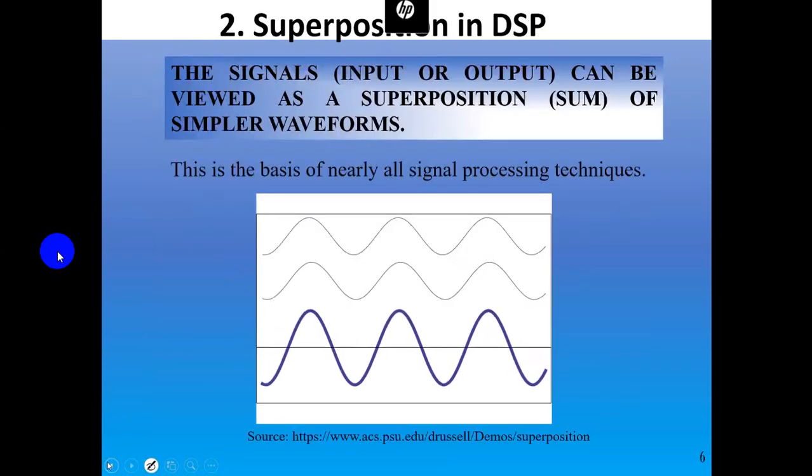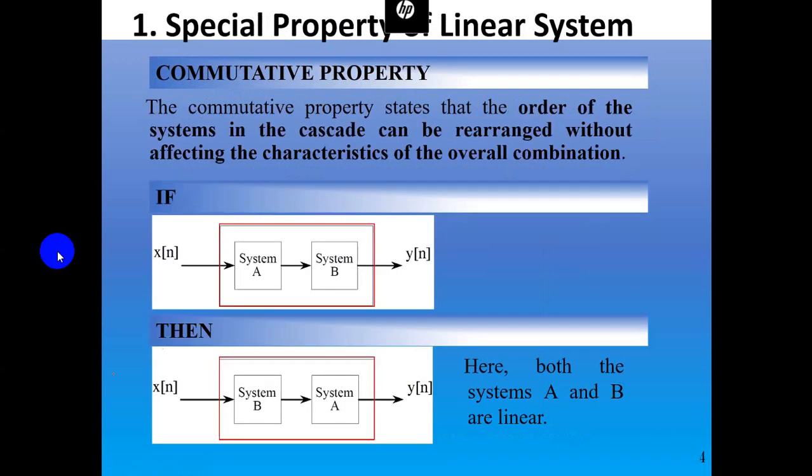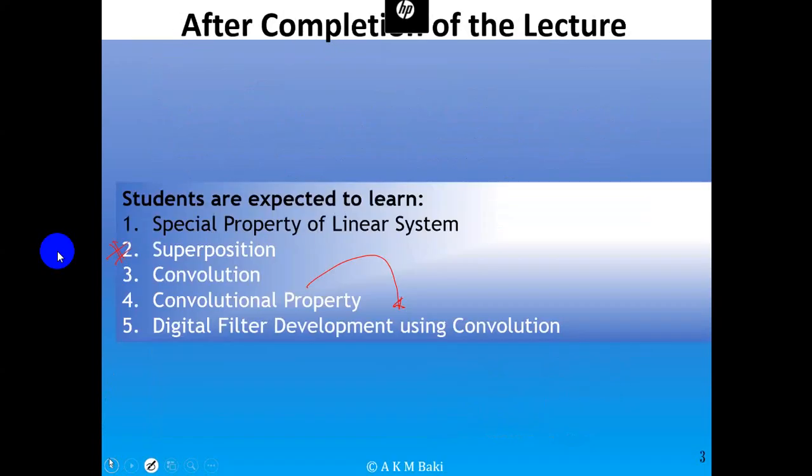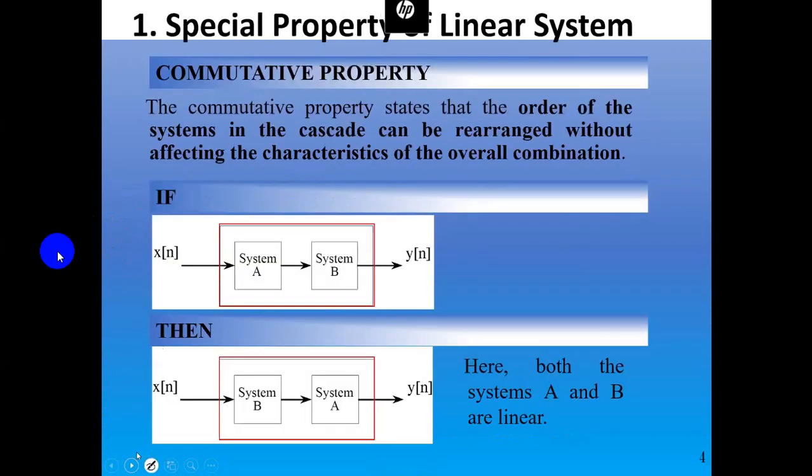Okay. Before coming to superposition, let's consider this example. The first one, a special property of linear system. If you have a look at the first block, you can see two systems.